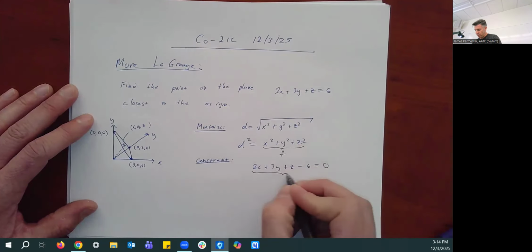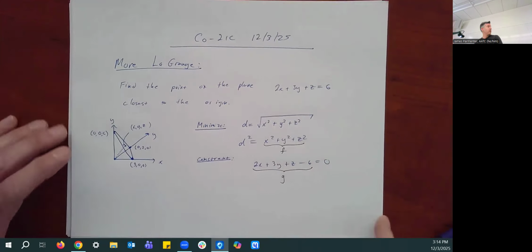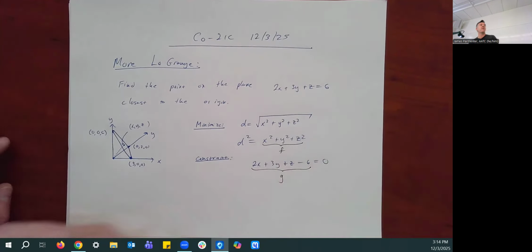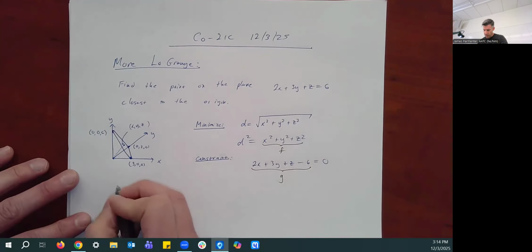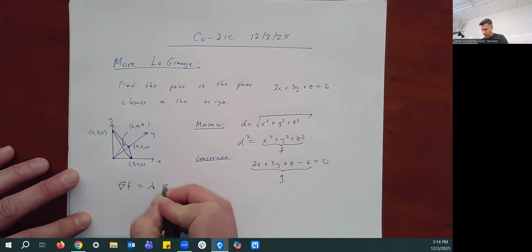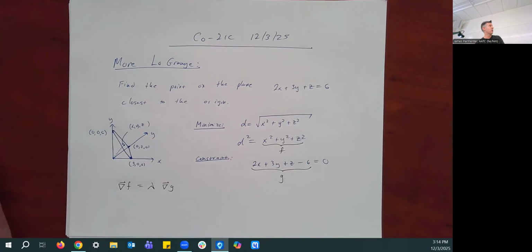The thing that's our constraint, we typically call g. And then the way we start is by setting the gradient of f equal to a multiple of the gradient of g, or in other words, each partial of f equal to lambda times each corresponding partial of g.